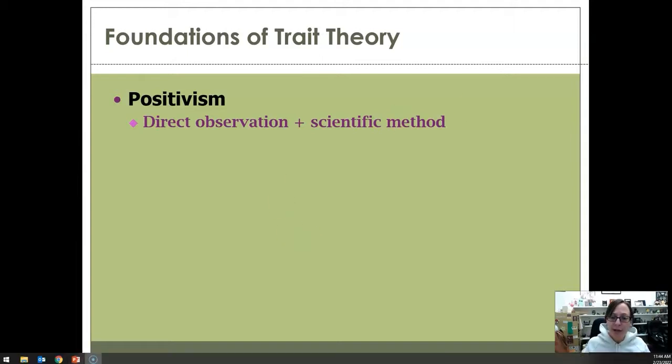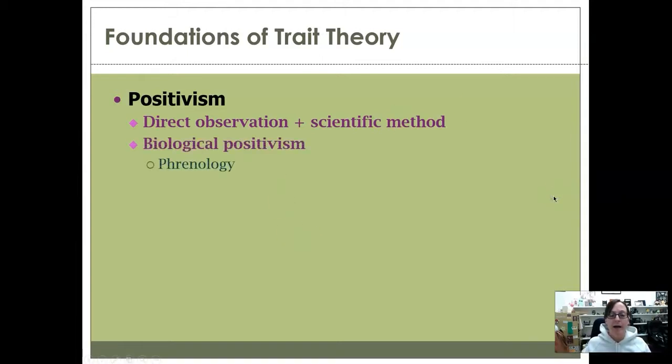So biological positivism is one part of positivism, one application of positivism. This is where research was done linking biological traits, brain functioning, and personality to criminal behavior. However, this caused problems like phrenology.